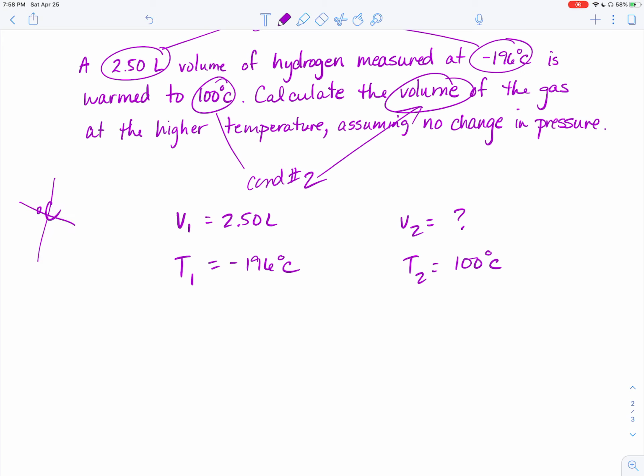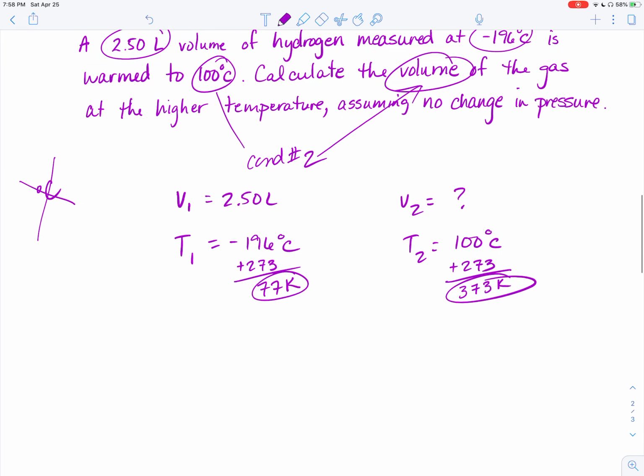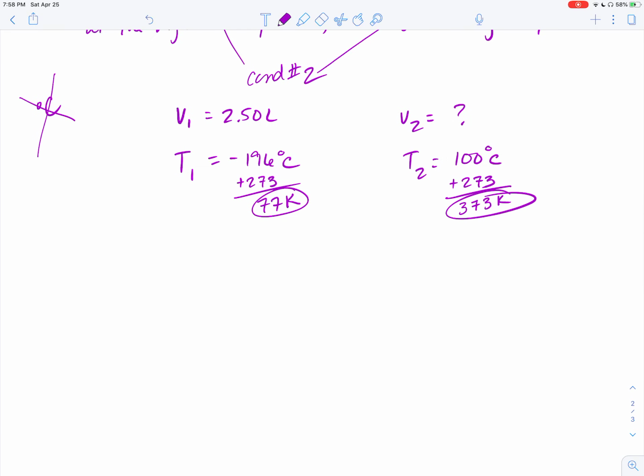So we need to move everything to Kelvin. We're going to add 273 to each Celsius value, and that's going to give us 77 Kelvin for T1 and 373 Kelvin for T2.